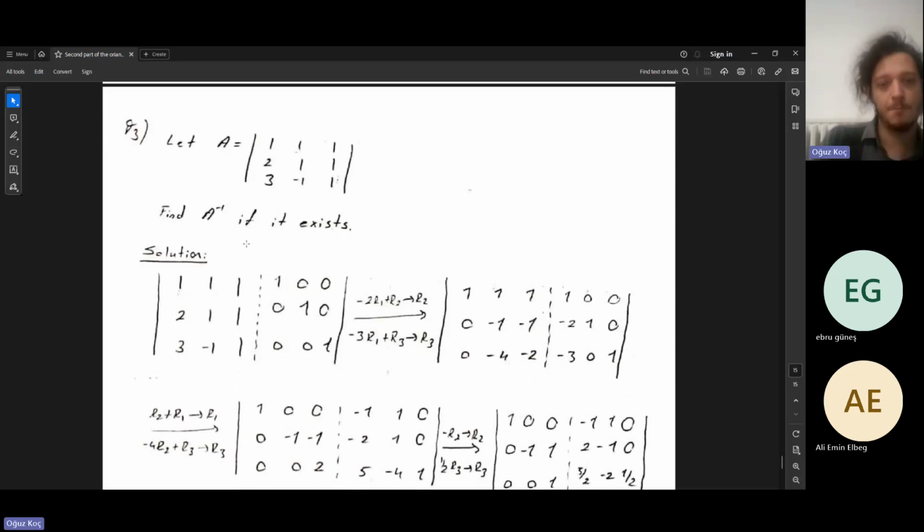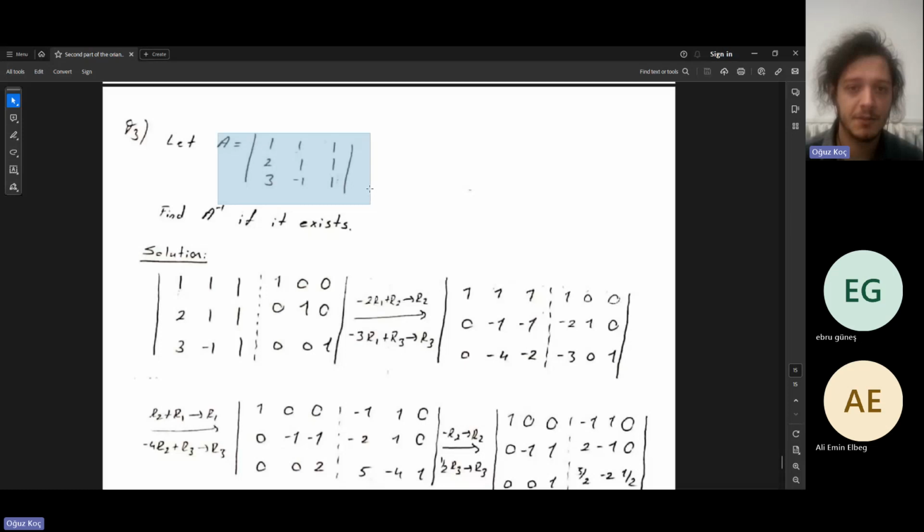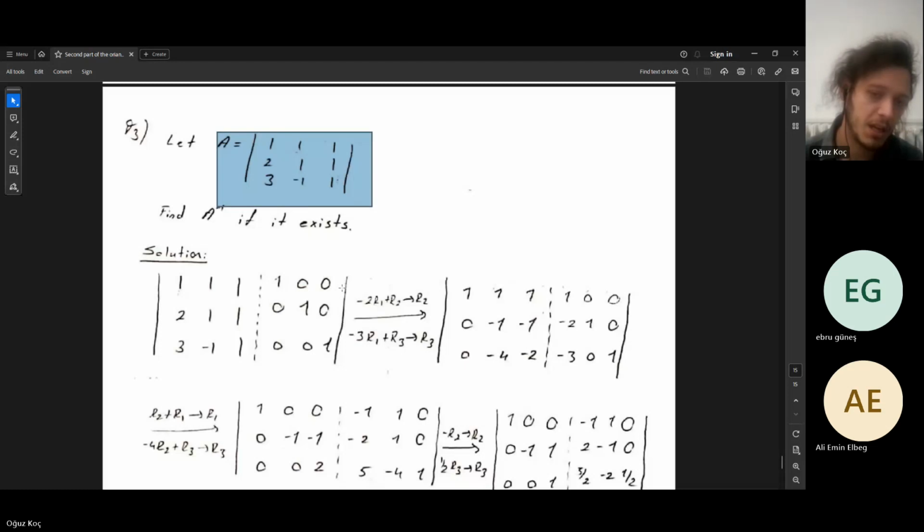This is the second way of estimating the inverse of a matrix here. We take the A matrix here, and then we write the identity matrix that carries the same form of our original matrix.